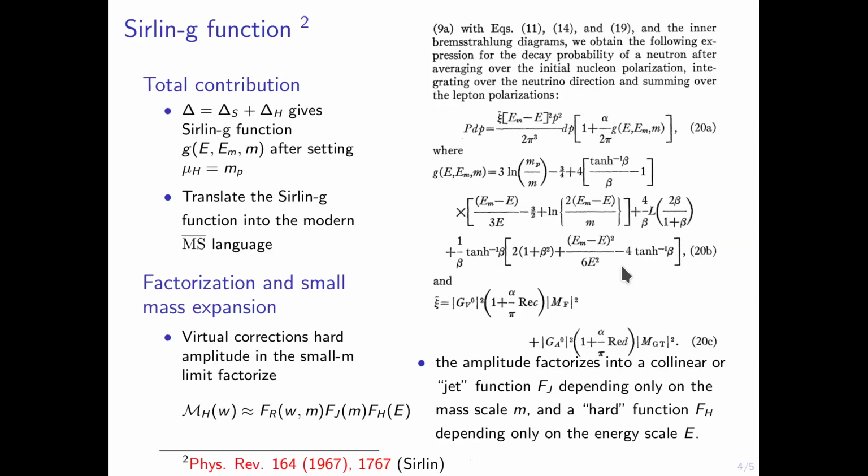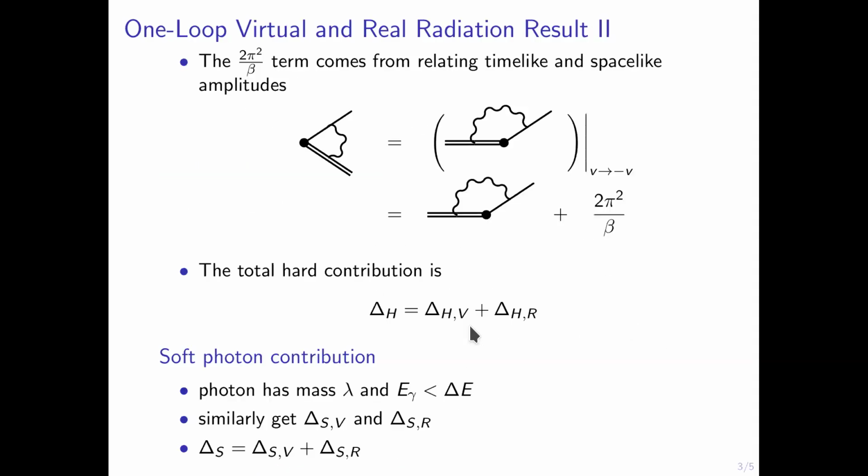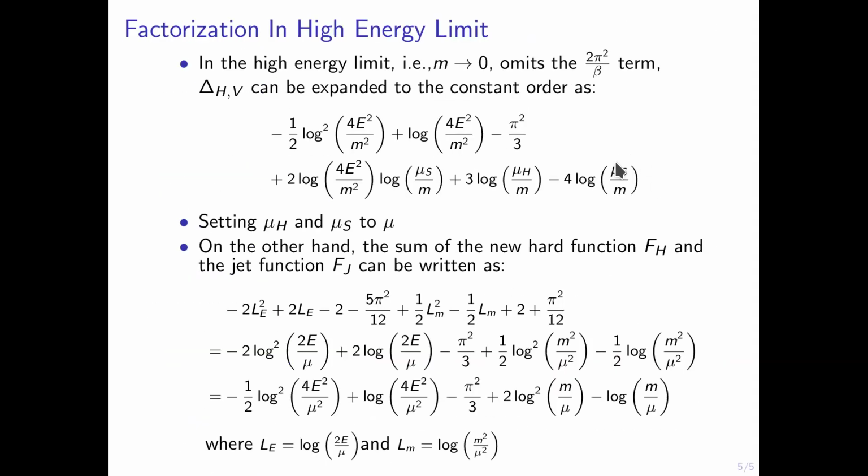So if you plug in these two expressions, and omit the 2 pi square over beta term, this hard virtual amplitude of the differential cross section can be expanded to this expression, and we set mu s and mu h to mu.